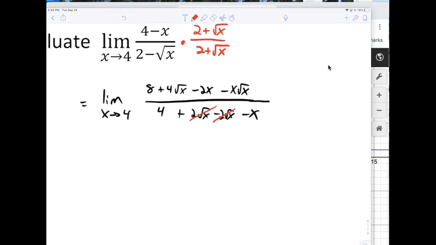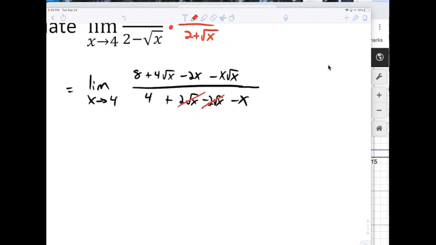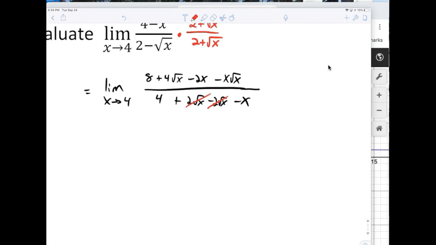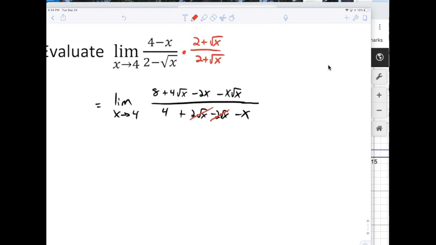And now if we do a little bit more simplifying, let's see. You know what? I'm seeing something that is causing me regrets. Right now I see 4 take away x, and in the numerator I see 4 take away x. What if I never multiplied that out?